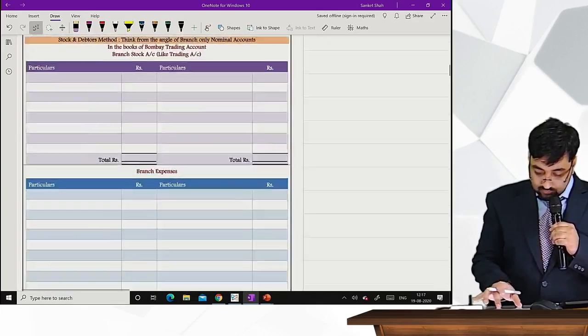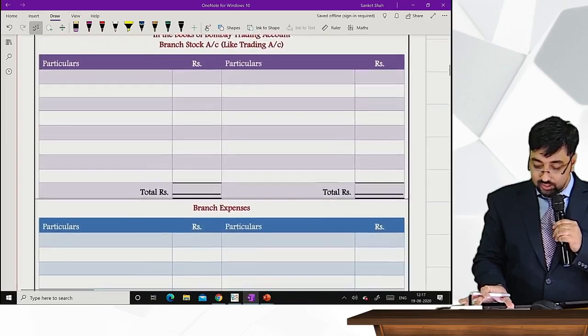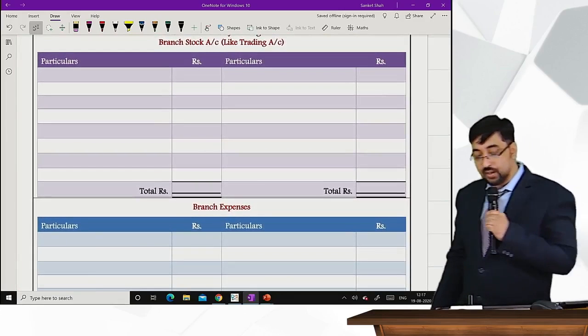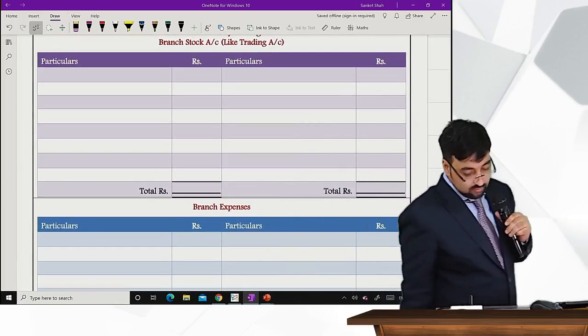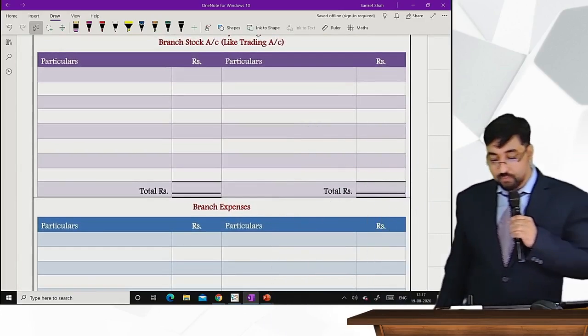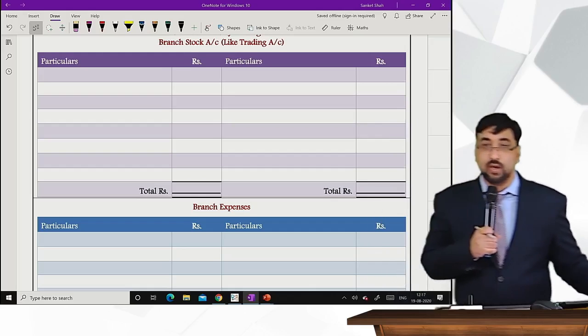Okay, so write down. Now I will use this format only. In the books of Buckingham Brothers, write down branch stock account.